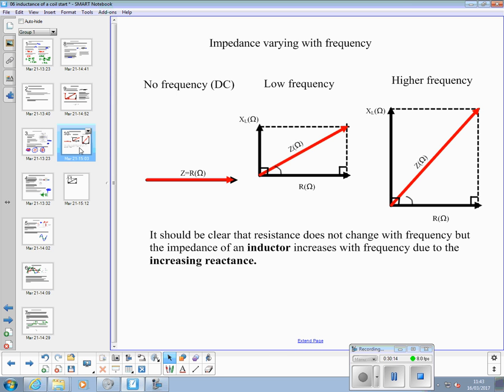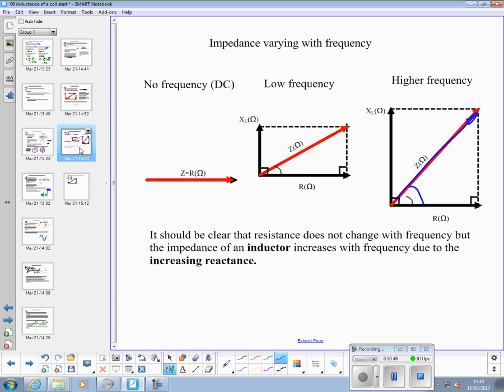If we have a low frequency, XL is relatively small, okay? Resistance doesn't change with frequency, and we get a phasor with a smallish angle. If we increase the frequency, resistance still doesn't change, but XL gets bigger, increasing this angle and making that line longer.